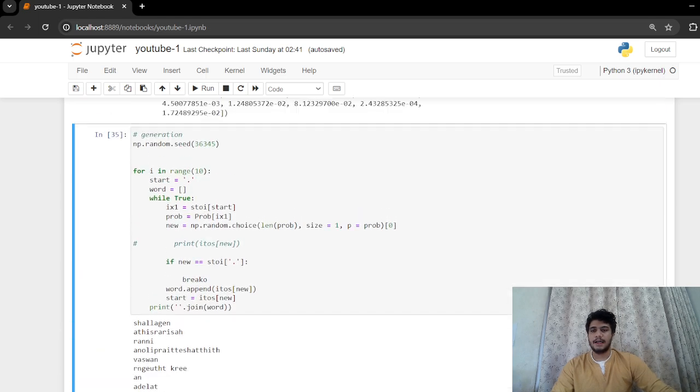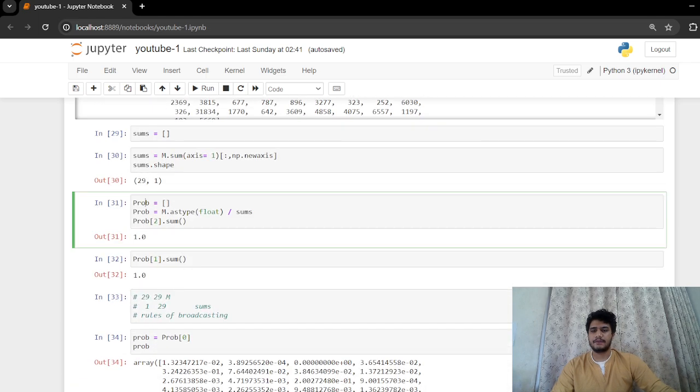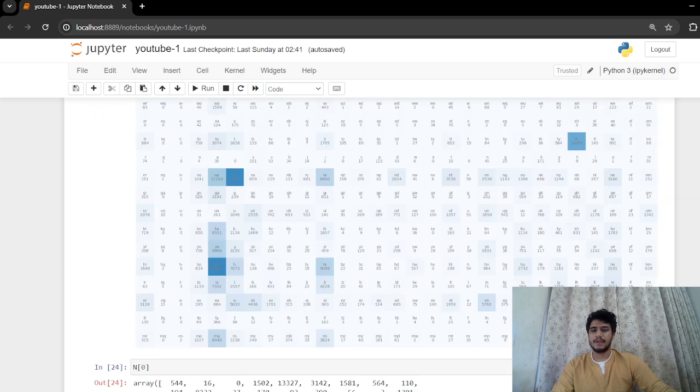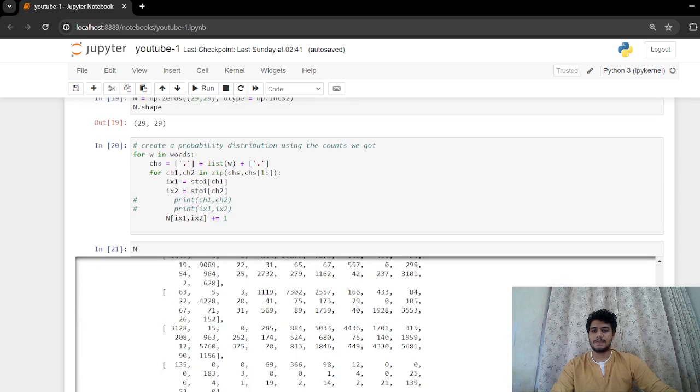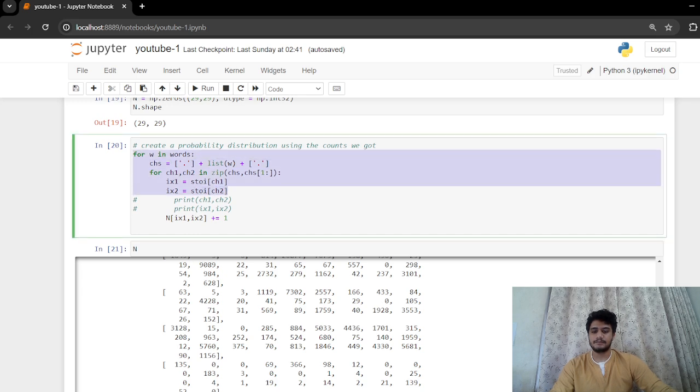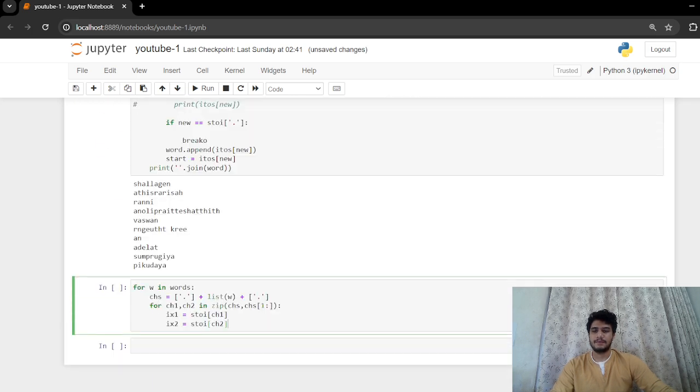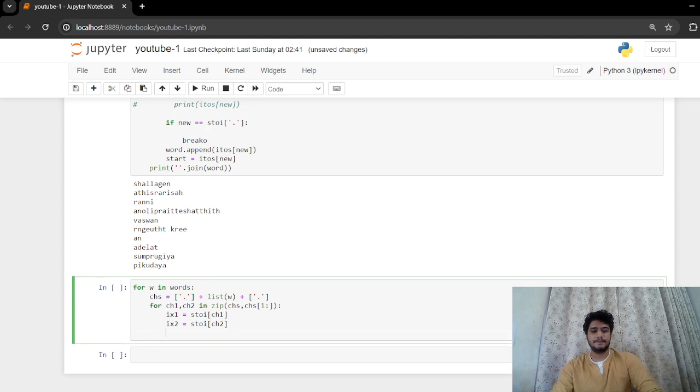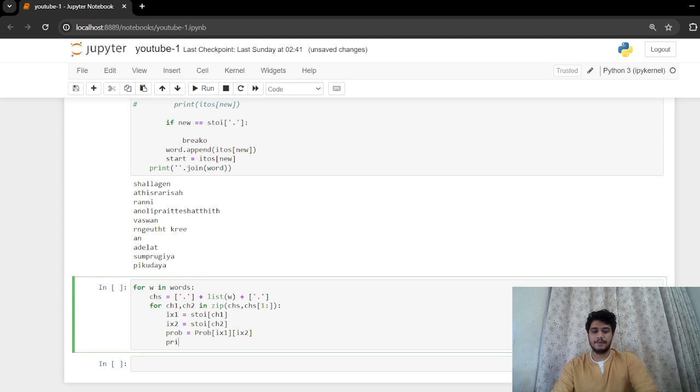So for that, we have this probability matrix, right? And what we can do is let me just grab this part again here. And now let me do small prob equals capital prob of ix1 and ix2, and let me print the f string.